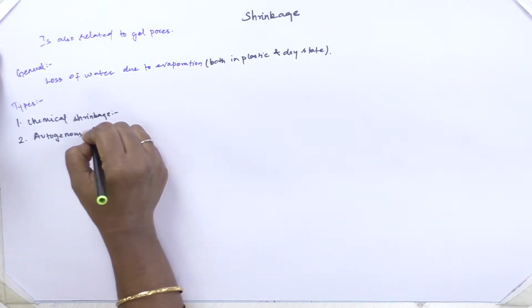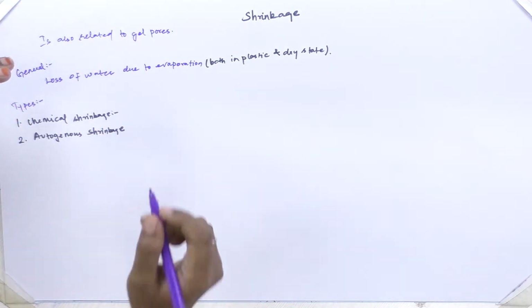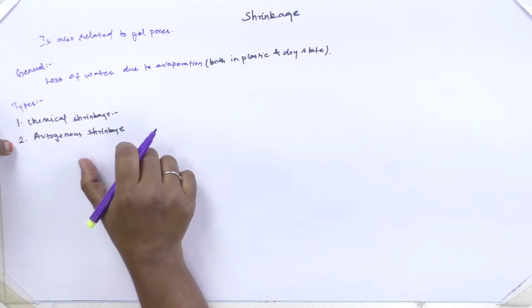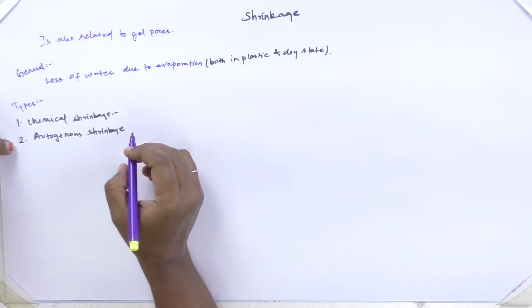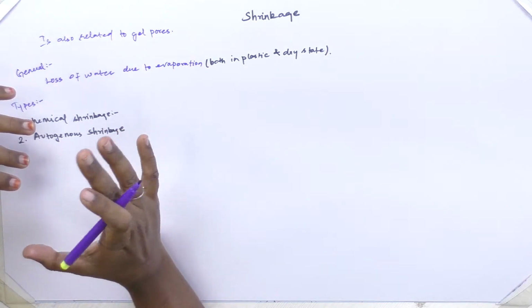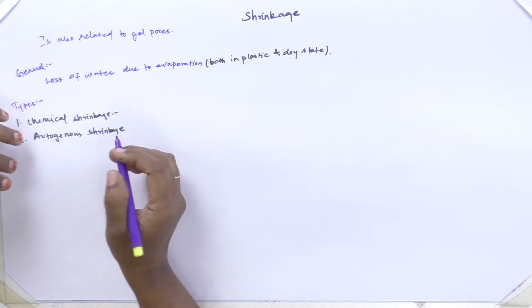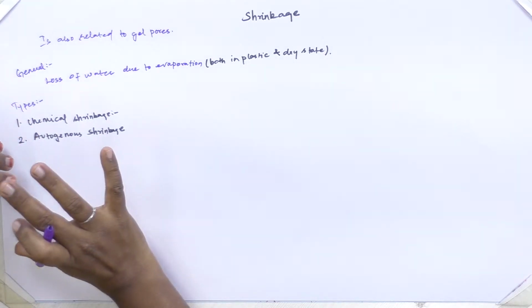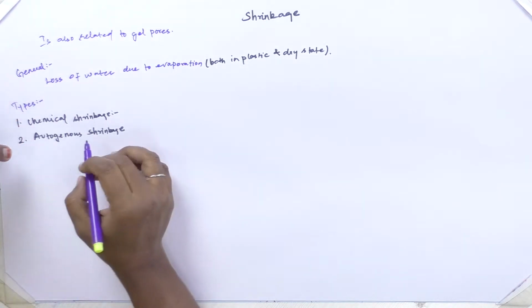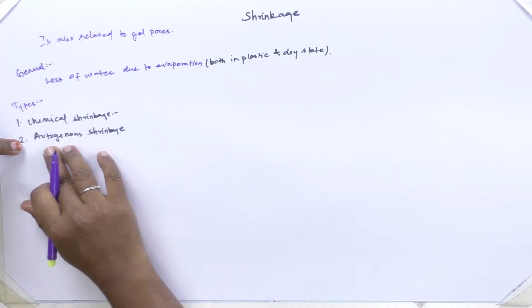Next, autogenous shrinkage. It is the macroscopic reduction in the volume in a sealed specimen, where no water will be allowed to enter or leave the specimen. In that condition, if we exhibit some volume change, then that is termed as autogenous shrinkage.